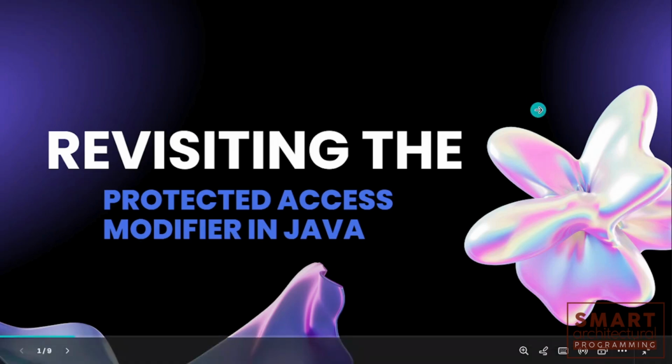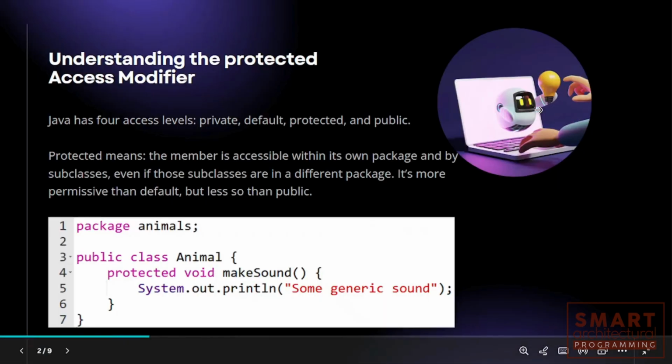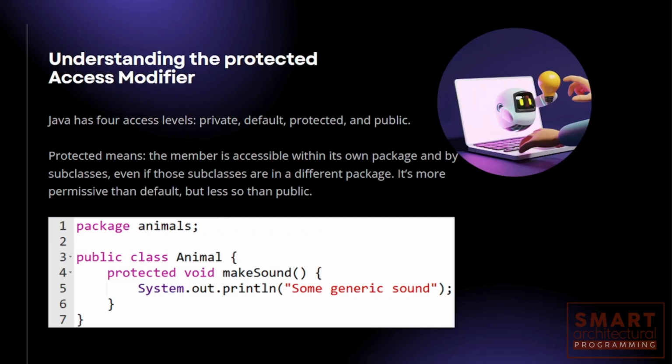So what is the protected access modifier? At the very basic level, Java has 4 access levels: private, default, protected, and public. Among these, protected is kind of a middle child, often overlooked but incredibly useful when understood and used correctly.